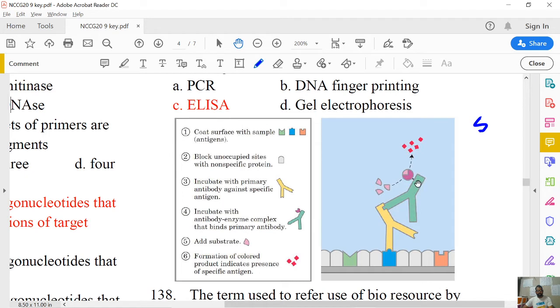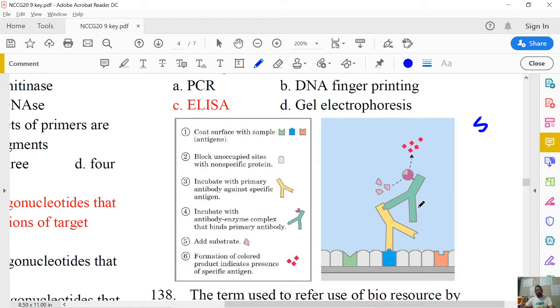This antibody is against this antibody. So it is a secondary antibody which is enzyme linked. So if this particular antibody is present in the serum sample and it binds with this antigen, then only the secondary antibody is able to bind with this. If this particular antibody is absent in the serum, this cannot bind with these antigens. That's how the detection will be.